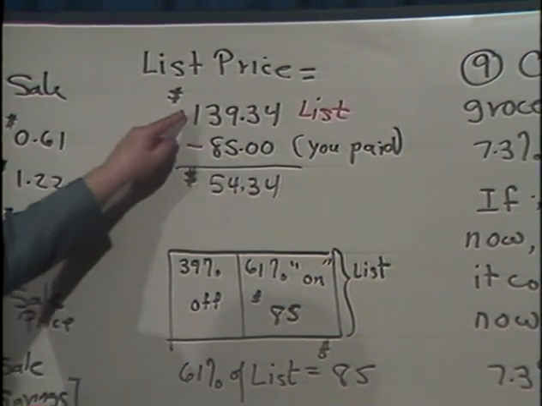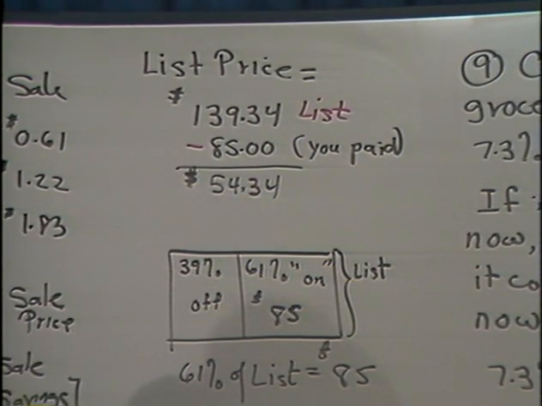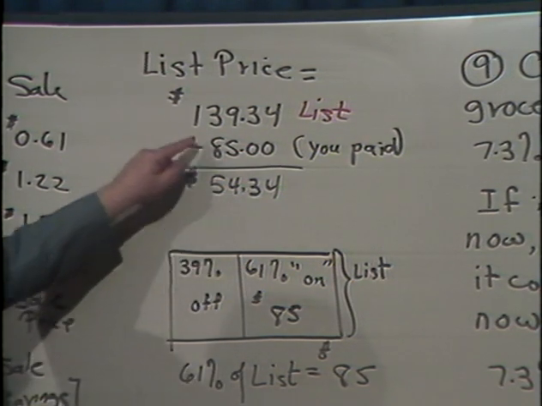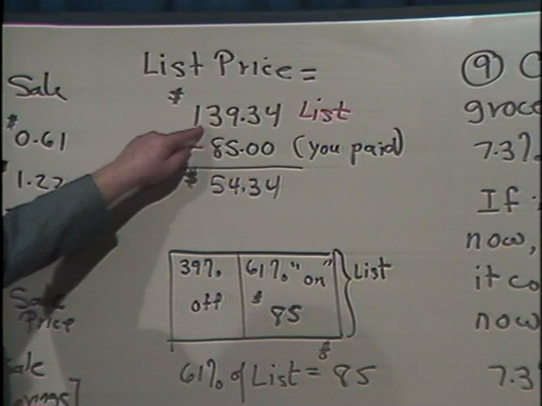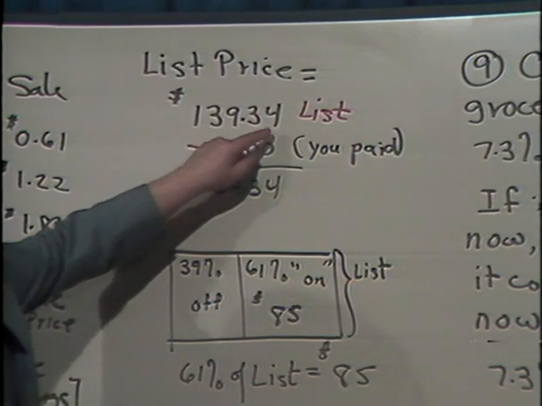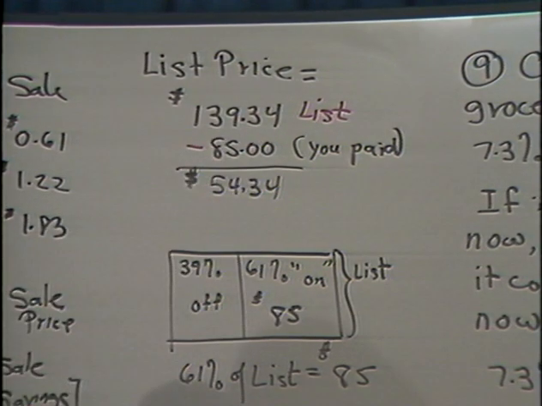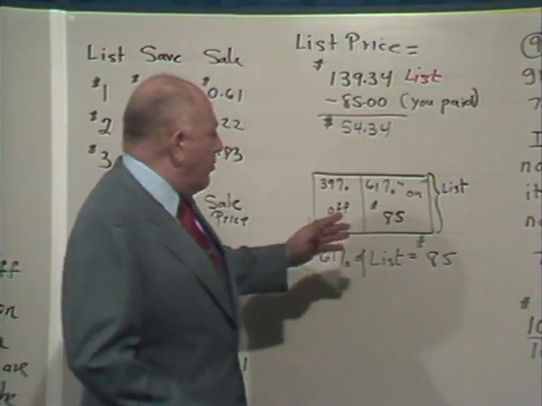And notice this, without the calculator, if I know what I'm doing, I can solve this problem very easily. With the calculator, if I don't know, I'm supposed to find the $139.34 and subtract the $85, I'm in trouble because I don't know what to do. But anyway, that's the way this works.